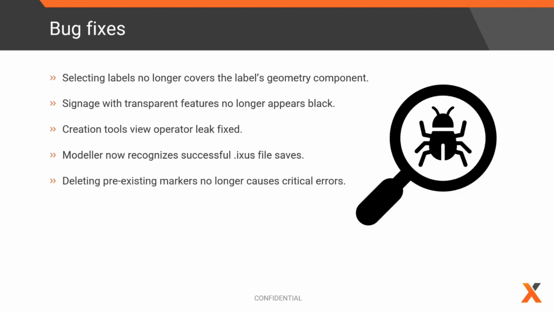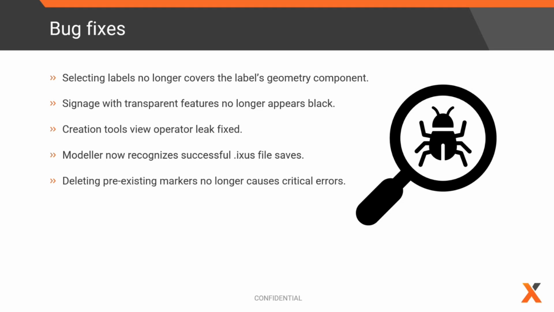Finally, this release also has a few bug fixes that improve stability and user experience. So some of the key fixes include that selecting labels no longer causes the label's geometry component to be selected. It's only the outline. And then signage with transparent backgrounds no longer appears to be black in the modeler.